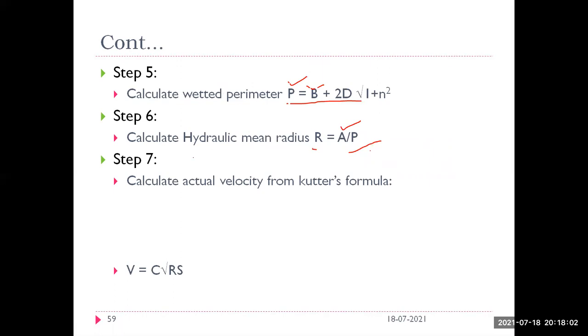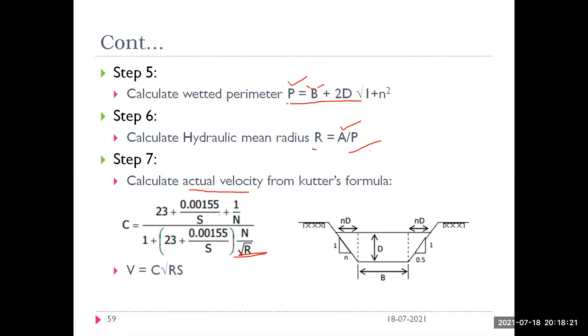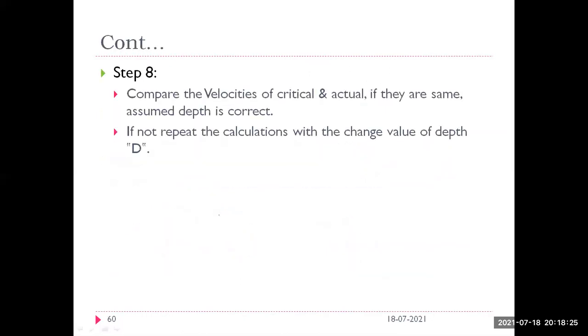Step number 7 is you have to calculate the actual velocity using Kutter's formula, that is V is equal to C root RS, where C is equal to 23 plus the same formula which we have already discussed. So use Kutter's equation to calculate the actual velocity. The last step, step number 8, is once you get the critical velocity and the actual velocity, you have to compare those two velocities.